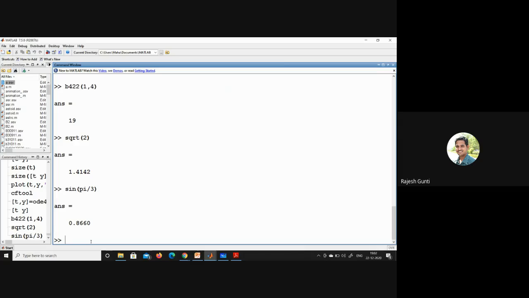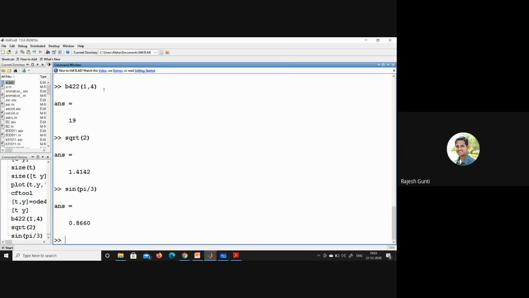I hope you understand my point. Like that, I had my own file to find the function value. Similarly, the trapezoidal rule. There is an inbuilt trapezoid function, but I wrote my own program to find the integral value based on the trapezoidal rule.